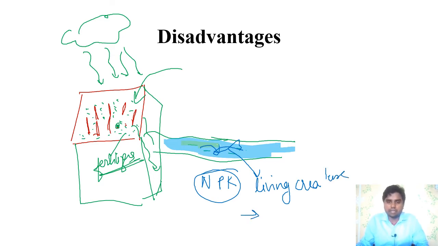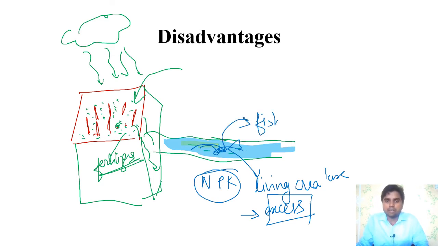If taken in excess, it can lead to the death of the organism. And we also know, students, that these nitrates are going inside the fish, and ultimately we are also eating the fish, and this nitrate and phosphate is also entering into our body. So this will harm our body and reduce our lifespan also, and it may also lead to certain types of diseases which are very harmful.